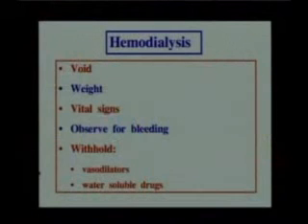Now, you would want to withhold any drug that was a vasodilator, like blood pressure medications, because the blood pressure will drop anyway during dialysis. Water-soluble drugs should be withheld as well, because they would be simply dialyzed out during the dialysis procedure.